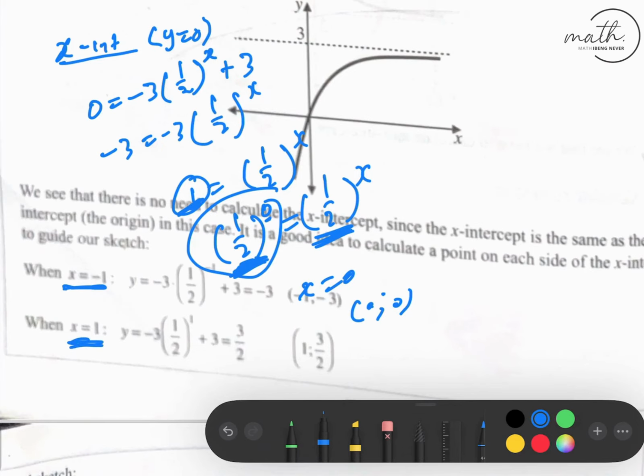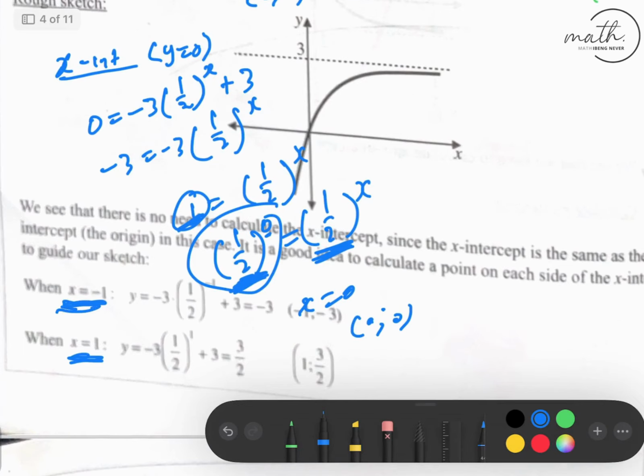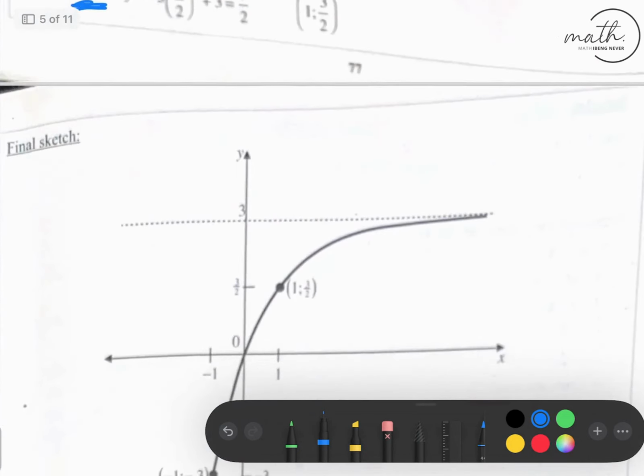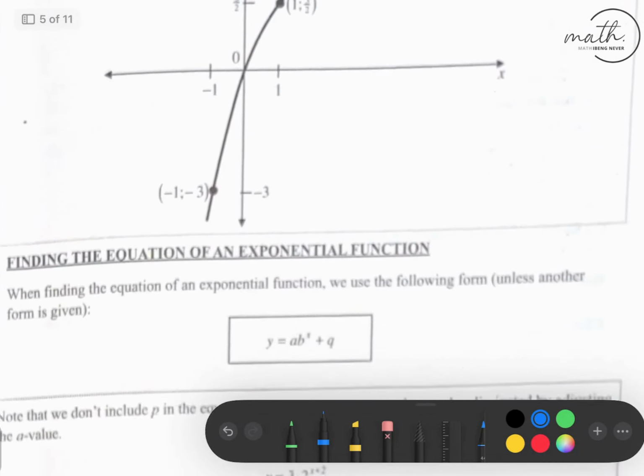Let's say you took negative 1, then you plug it where you see x, and you're going to get negative 3. That means negative 1 will go with negative 3. That means when you're on negative 1, the y is 1, 2, 3. The y is here. That means the graph has to go like that. That's it.